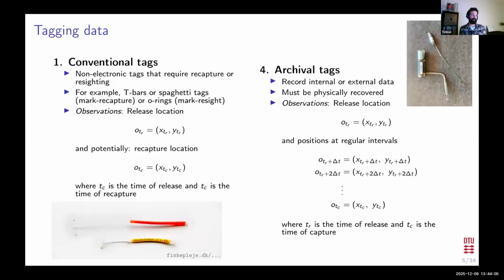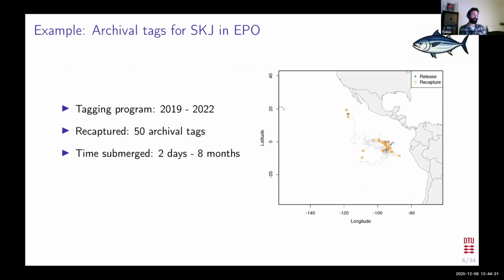Here we have a little bit more information: we also have a release location, but then we actually have a predicted track until the final recapture location. This track reconstruction is based on light measurements and pressure or temperature. So it's a model-based prediction.